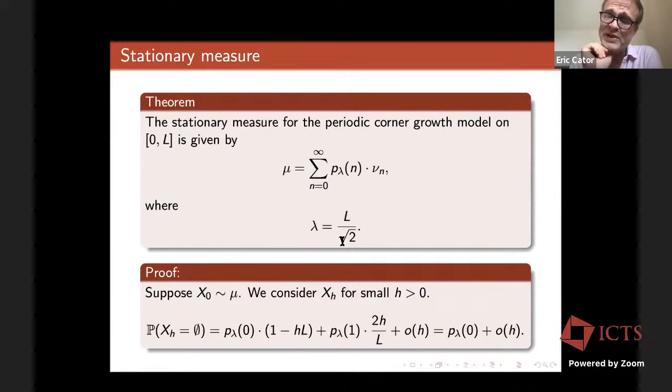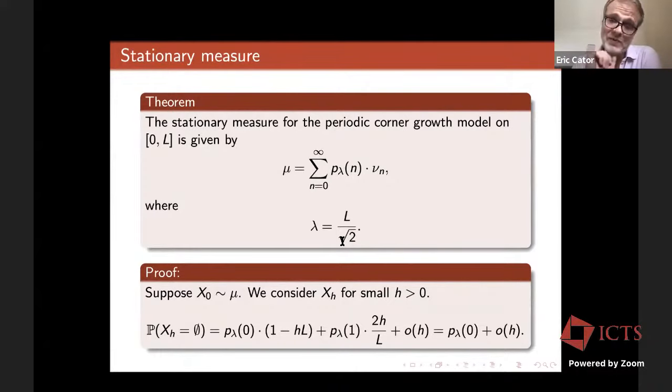And it's a little bit subtle because usually for the generator, you condition on a certain configuration, and then you see what happens after time h. Now, if you condition on a certain configuration, then for very small time h, there will be no annihilation. So you will not see the annihilation. So if you just write down the generator like that, without taking into account this annihilation, you actually get the wrong process. You get the process where the number of particles is growing all the time.